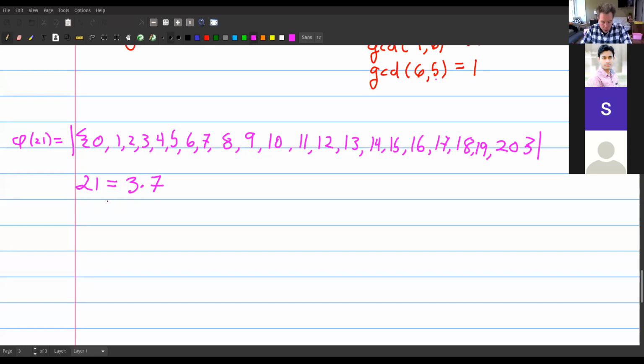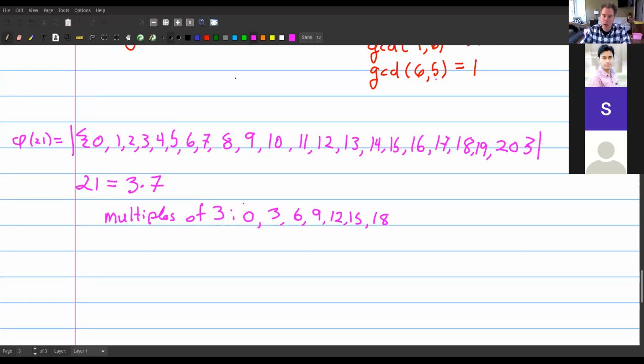So let's write down the multiples of 3 that we have to get rid of. The multiples of 3 that have to be eliminated: 0 is a multiple of 3 because it's 0 times 3, and 3 and 6 and 9 and 12 and 15 and 18 are all multiples of 3.